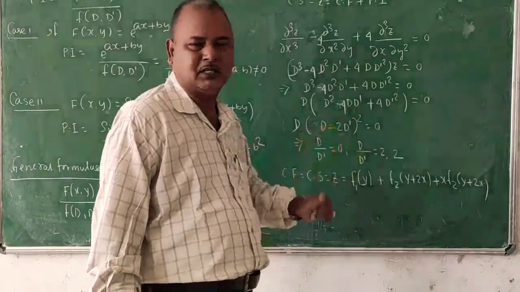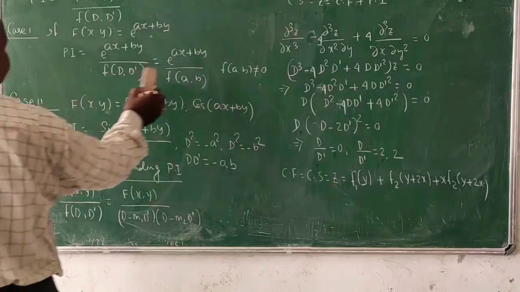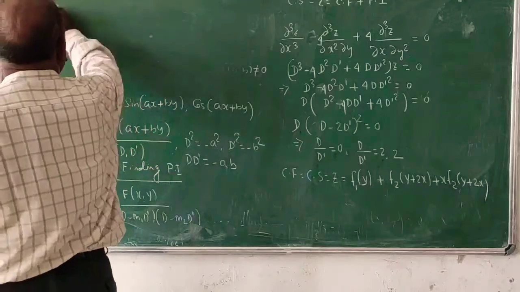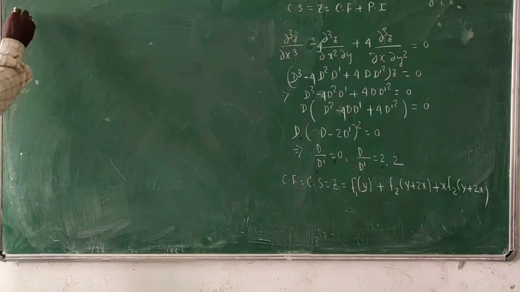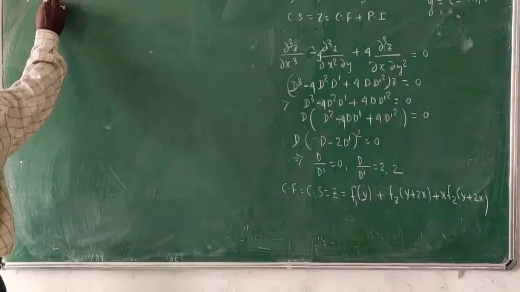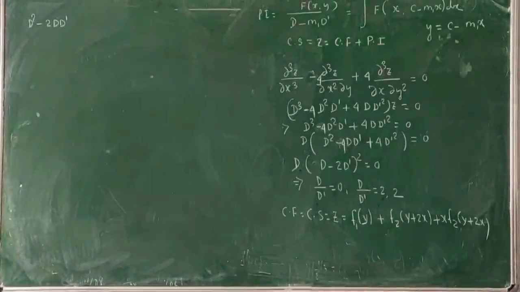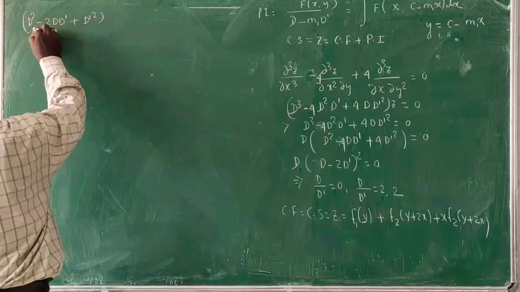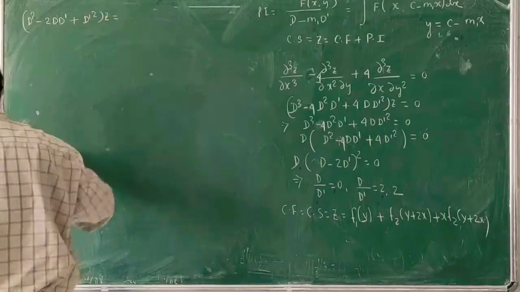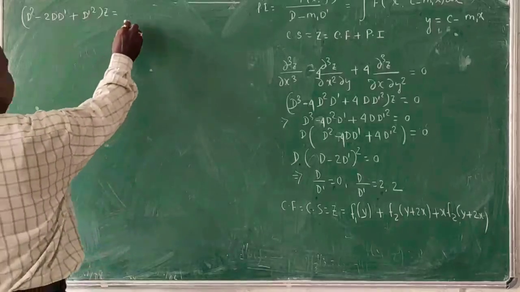Let us take another example. So you come to another example for this equation. This is d square minus 2 d d dash plus d dash whole square operate on z is e to the power x plus y.